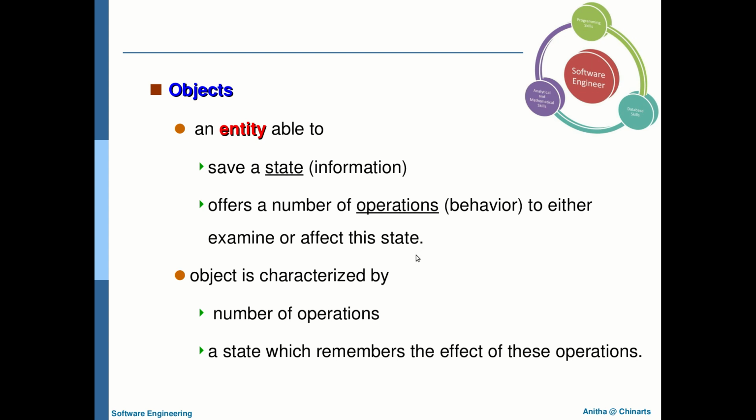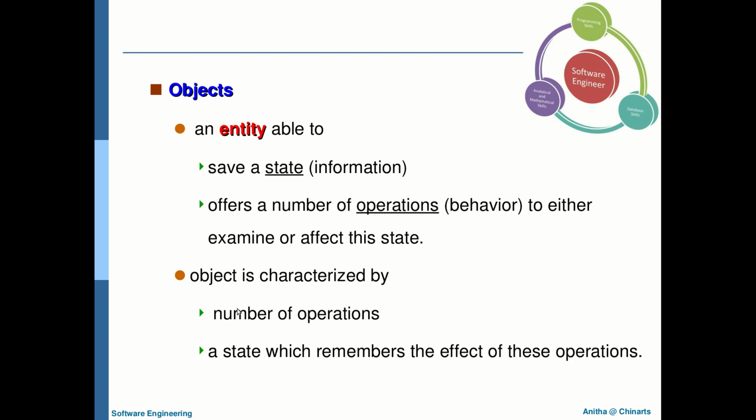What is the unique information? The name of the student and the roll number of the student are very unique. Even sometimes the name can also be the same. So the roll number or the register number becomes the very unique information of that particular student. So you can say each object will have its own unique identification and will be distinguishable using that identification.